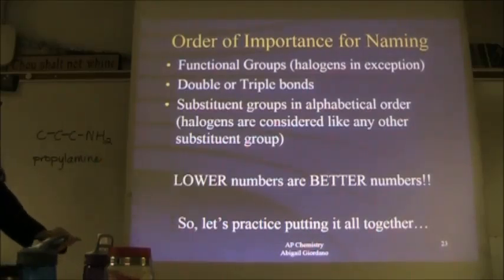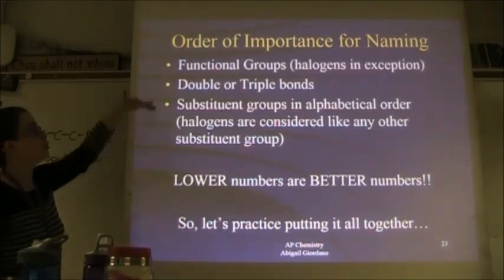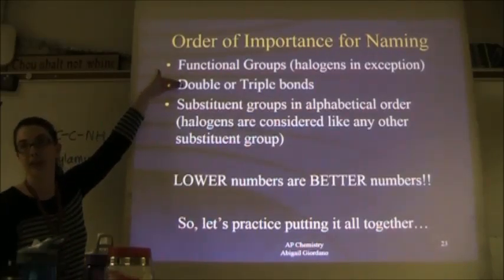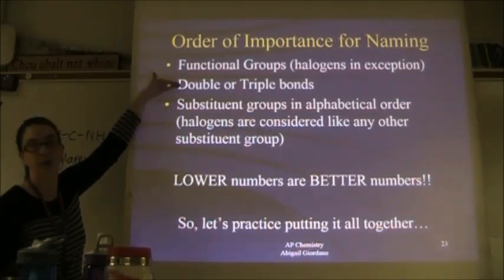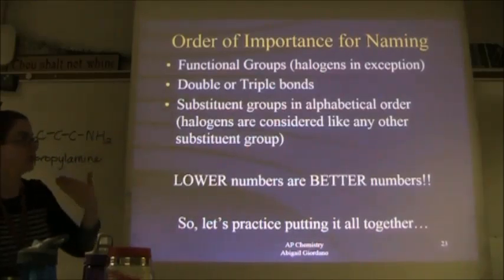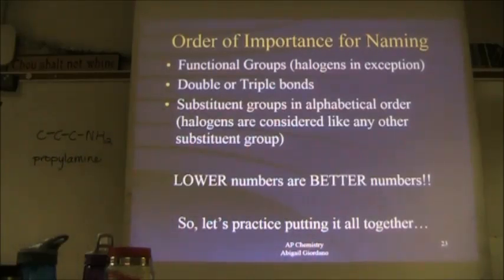If you don't have a functional group, but you see a multiple bond, then that is the most important thing, to be at a low number carbon. Substituents are least in importance. Okay? The lower the number, the better.